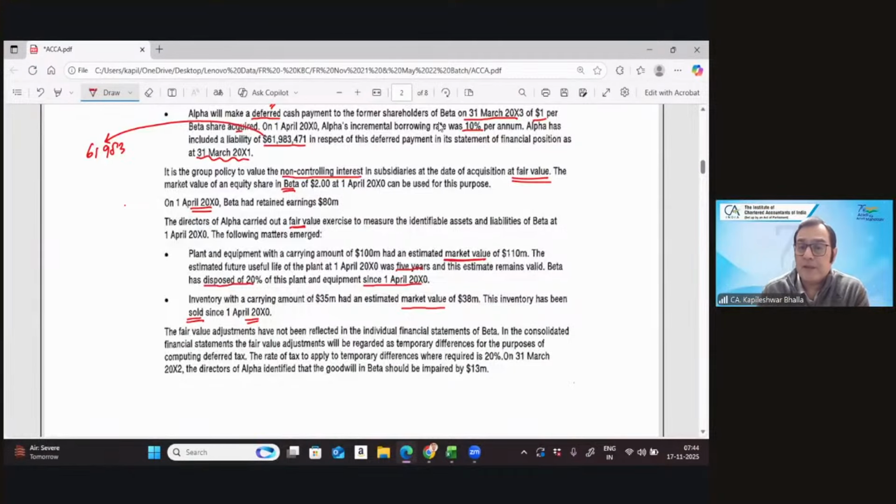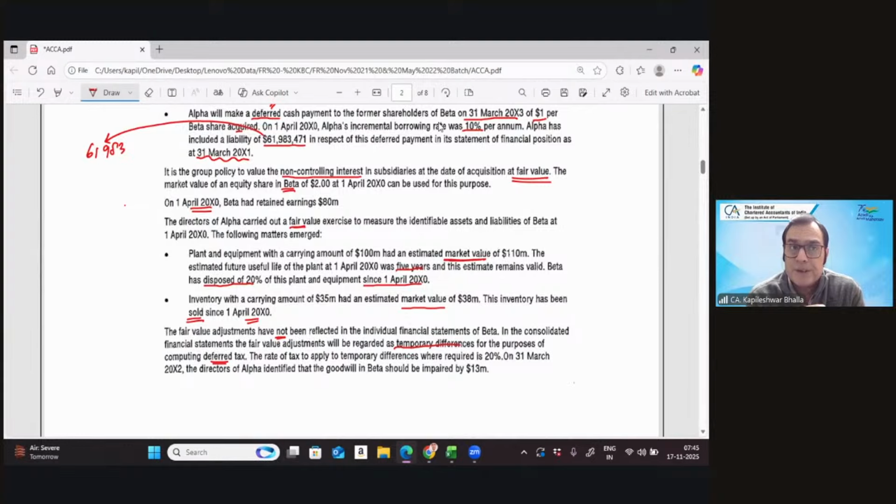Then he says the fair value adjustments are not reflected in the financial statements of Beta. In the consolidated financials, the fair value adjustments are regarded as temporary differences for the purposes of deferred tax. Wow. Now this brings us to a very important agenda in terms of Ind AS 103.